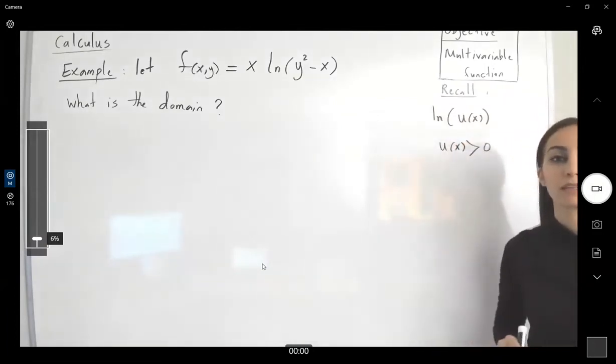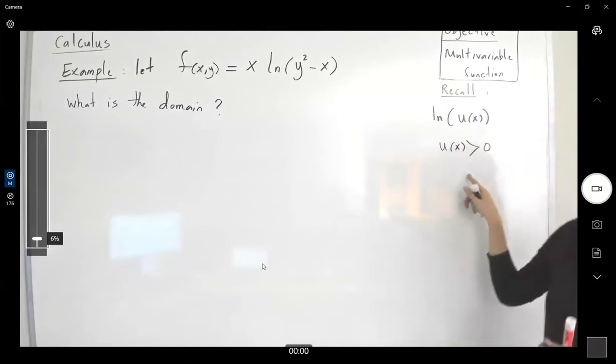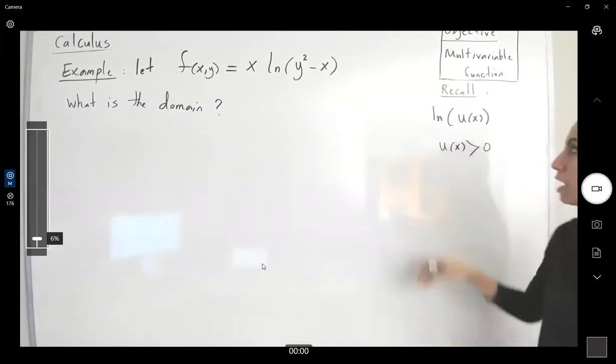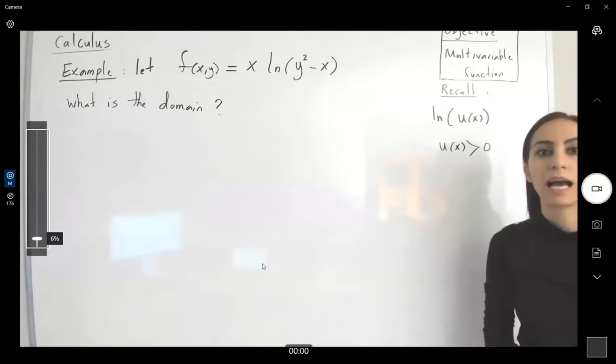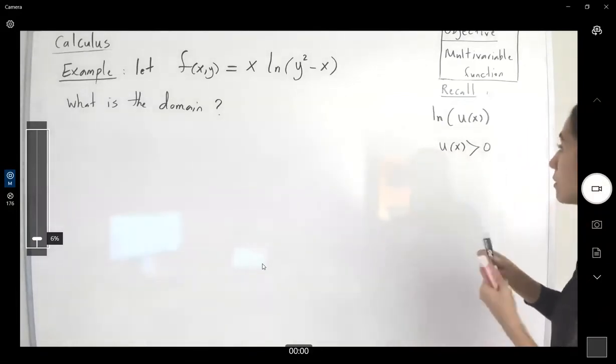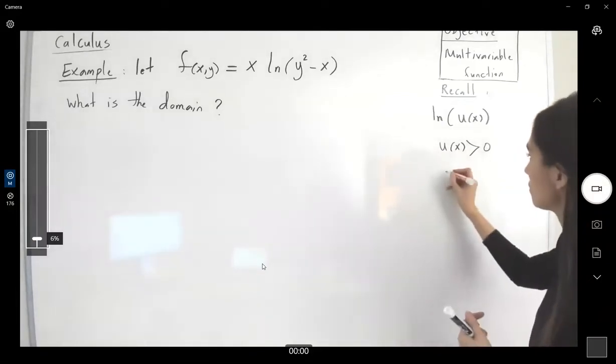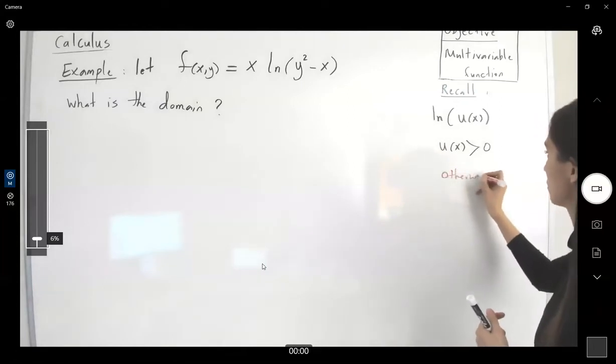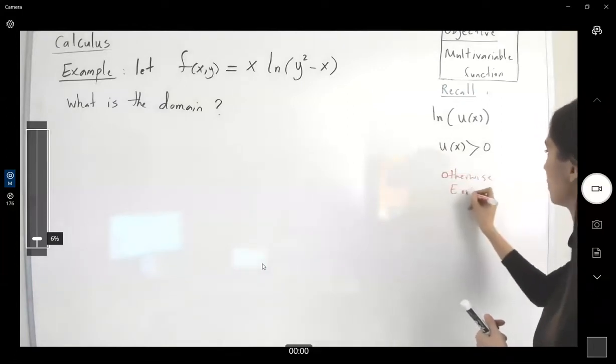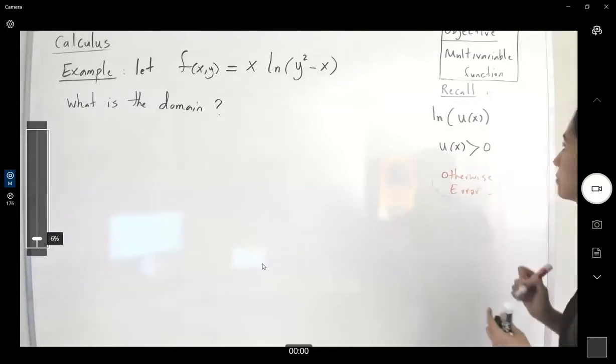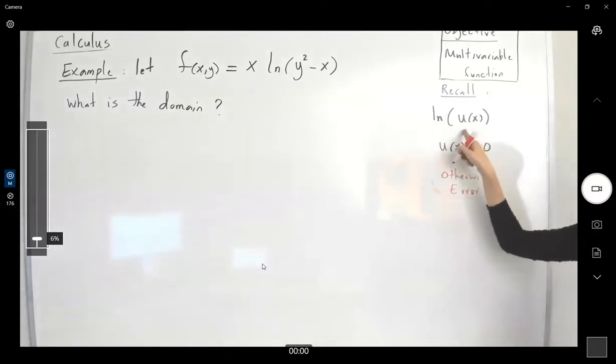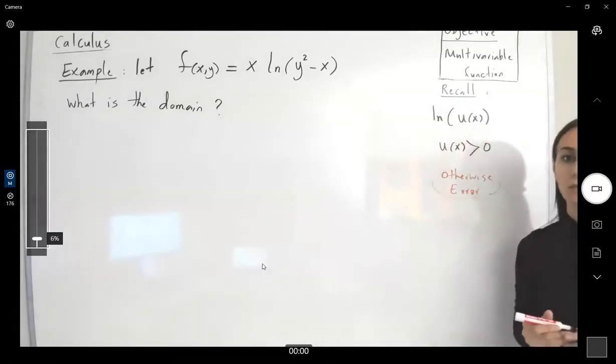It must be greater than 0. Otherwise, if it's negative or equal to 0 and you plug that into a calculator, you get an error.